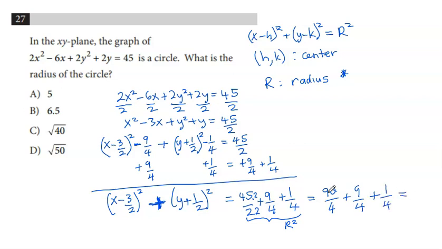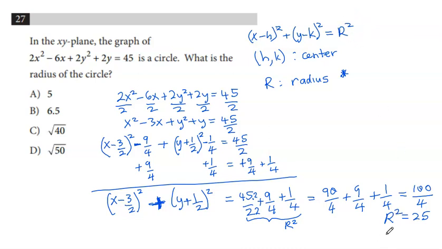And this solves to 90 plus 9 plus 1 is 100, and then the denominator is 4. 100 over 4 is what? 25. And once again, remember, this 25 is actually r squared, just like the standard equation says.